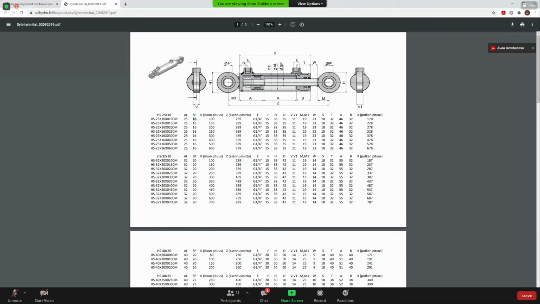You can see here there is the AL and there is the SP. And then K is here and Z is there.